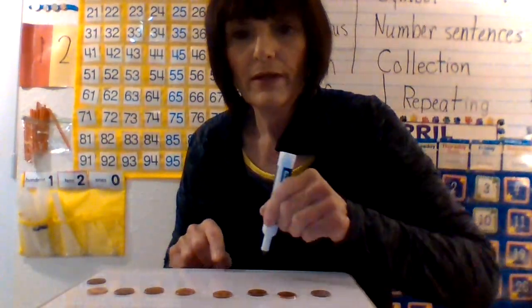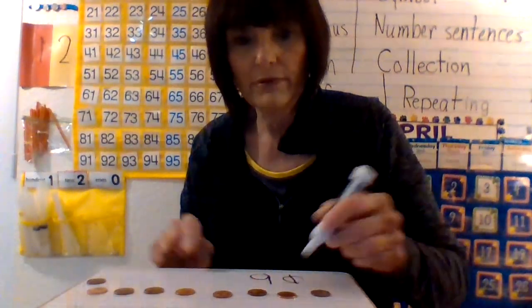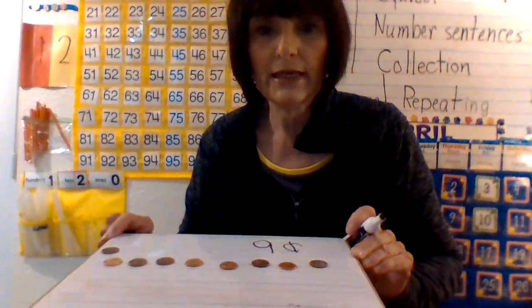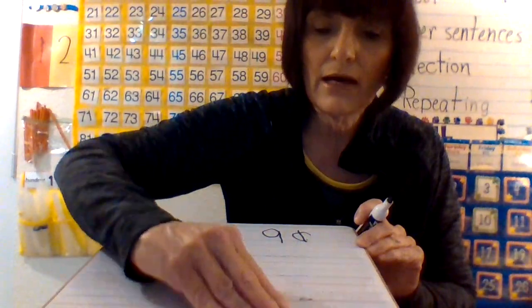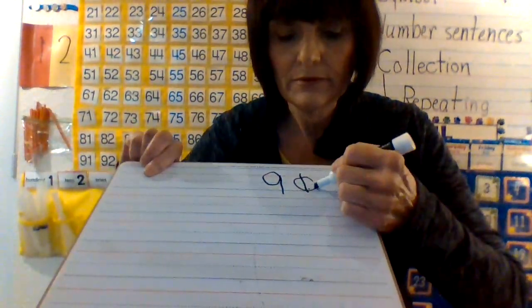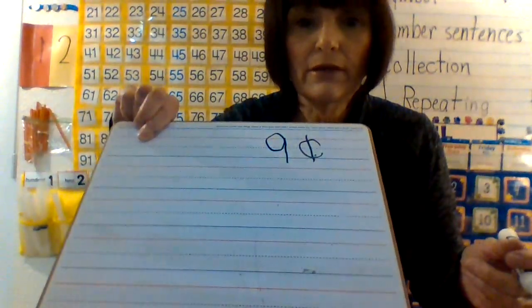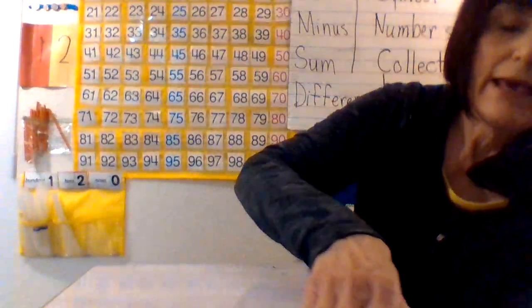How can I write that on my board? 9 and the cent symbol. 9 cents. All right, I'm going to let these go off my board so you can see my label for 9 cents. Let me fix that a little bit better. 9 cents.